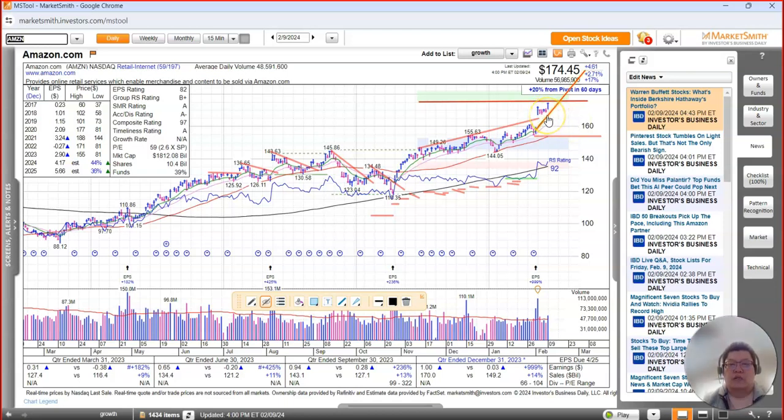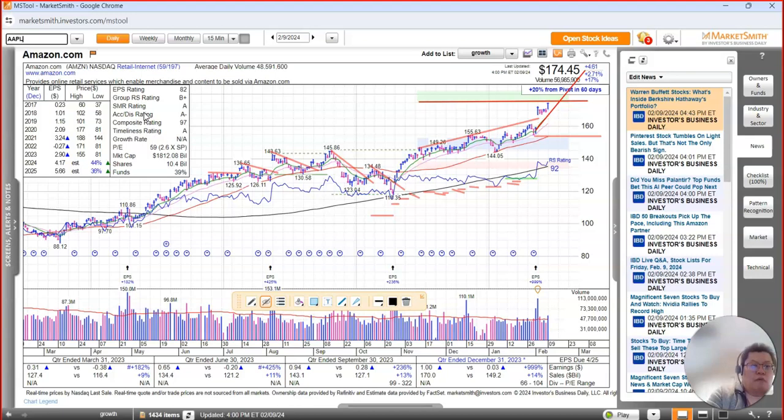In this case, it doesn't want to touch the 10-day. Those are good stocks to hold, because that means there's so much demand on the stock that they don't even want to touch the 10-day. So this could go a lot higher from that perspective. Those are the AI 5.